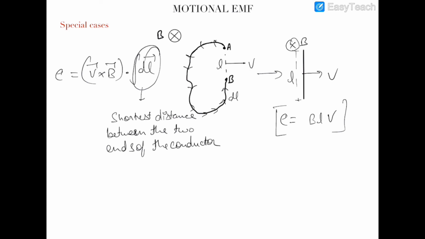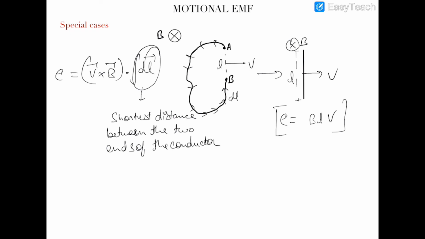So what is the conclusion of this special case? When some conductor is given which has an arbitrary shape or size, then we have to calculate the smallest distance between its two ends, and we have to draw an equivalent straight wire between those two ends, and replace that arbitrary shaped wire with that straight wire whose length will be equal to that smallest distance.